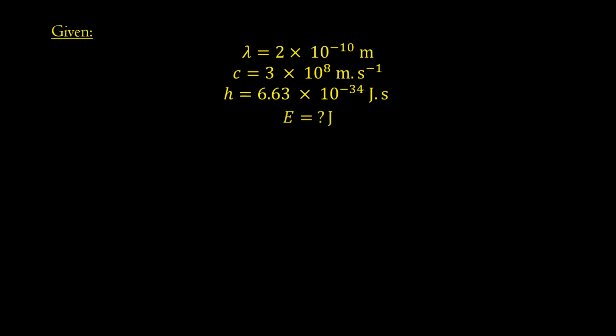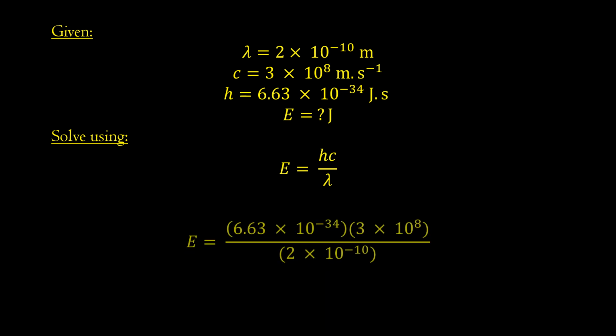And we need to calculate the energy, and that energy we must calculate in joules. Everything is in the correct SI unit. We will solve using an expression which relates all these 4 quantities together, and that expression is E equals hc divided by lambda.